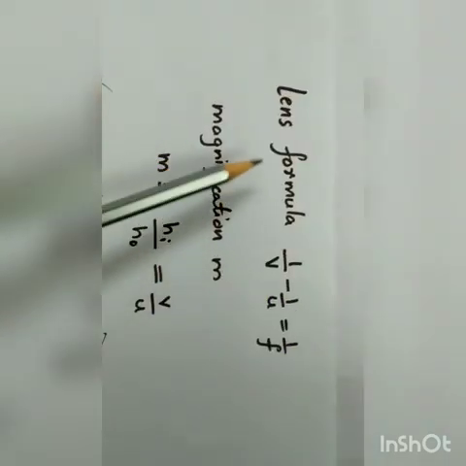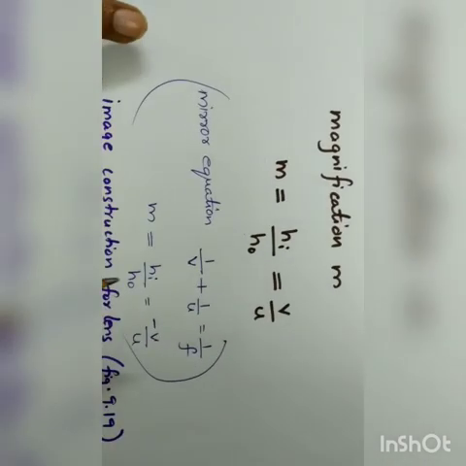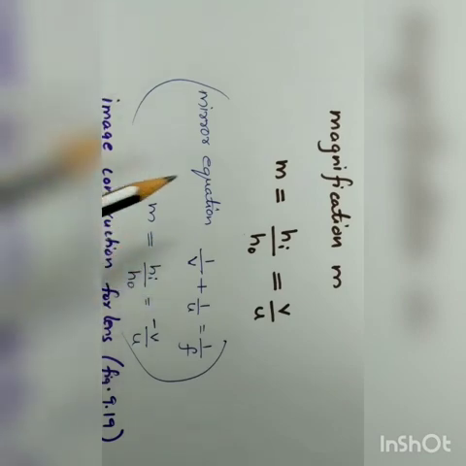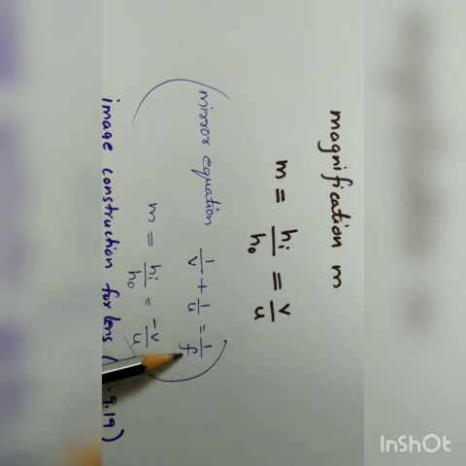So we get the lens formula as 1 by V minus 1 by U equals 1 by F. I hope you remember our mirror equation. What was the difference? Mirror equation was 1 by V plus 1 by U equals 1 by F. Compare with lens equation.